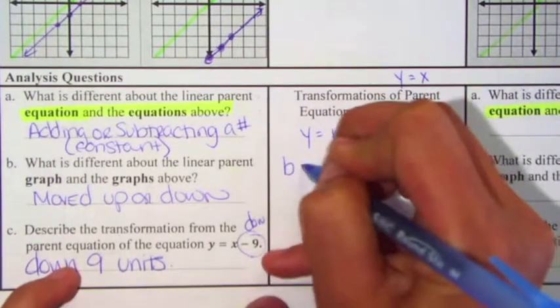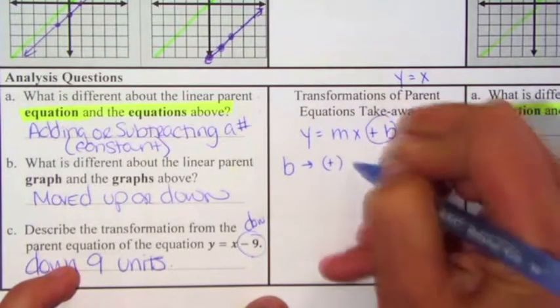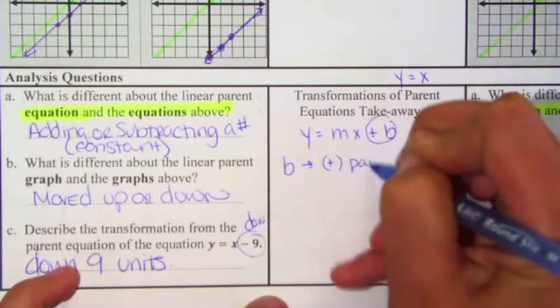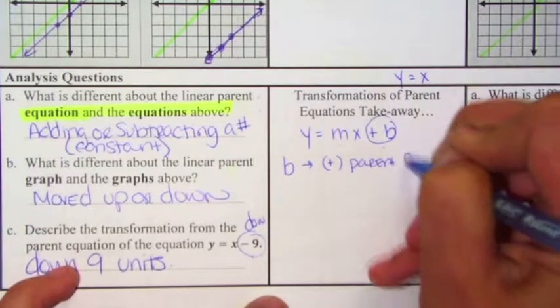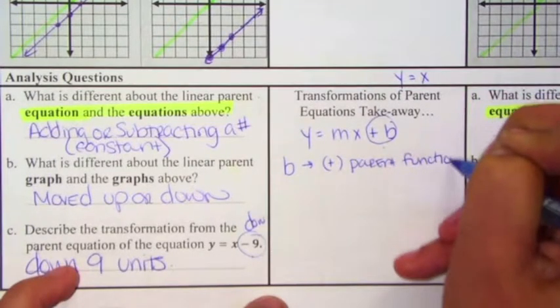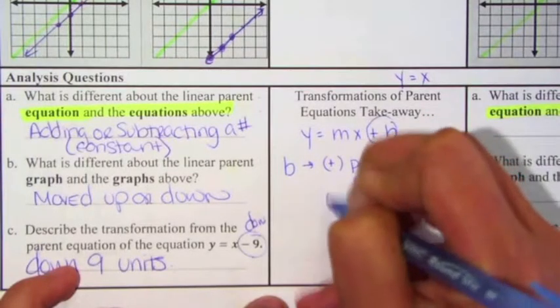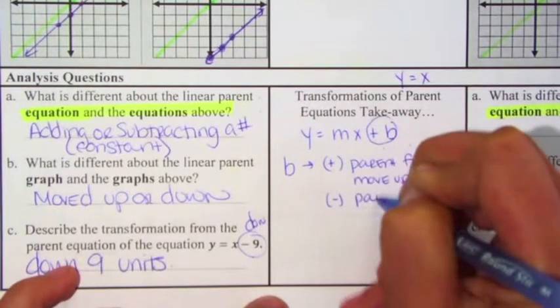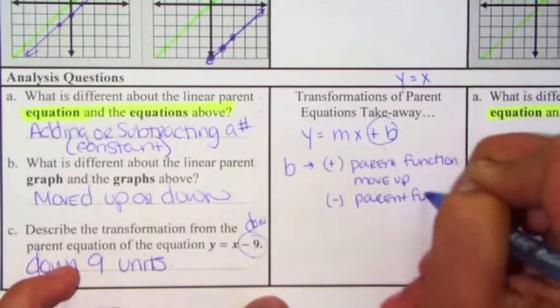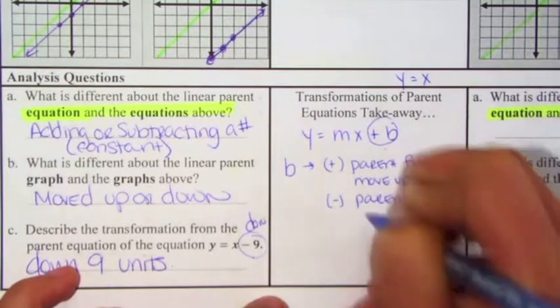So if b is positive, then our parent function moves up. If our b is negative, then our parent function moves down.